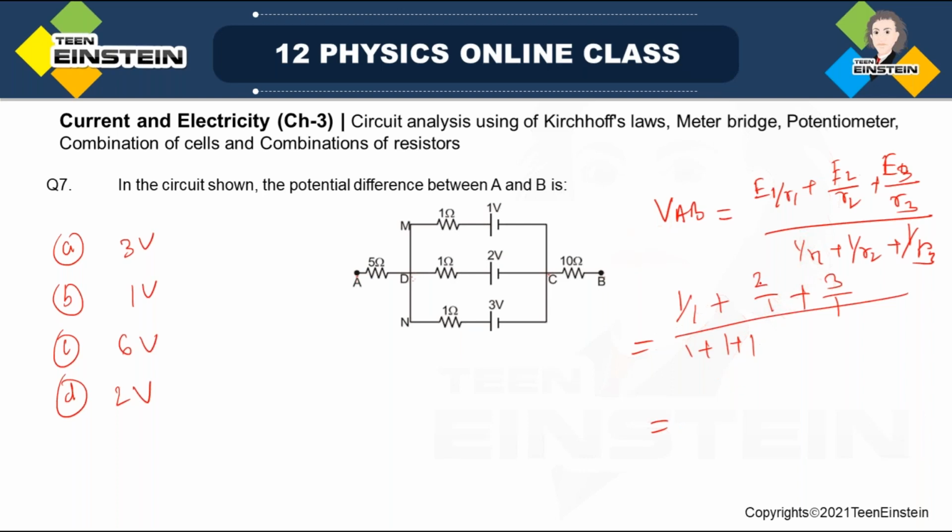So 1, 2, 3, 6 by 3. 6 by 3 gives you 2 volt. So this will be the potential difference across A and B. Okay, 2 volt will be the answer for this question.